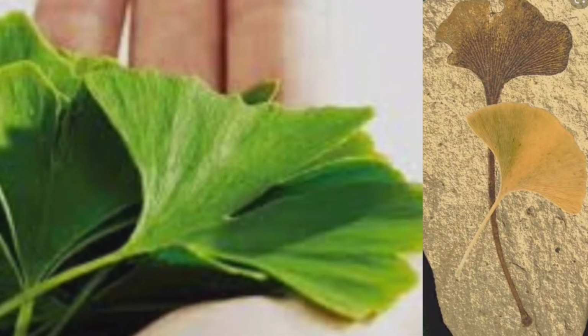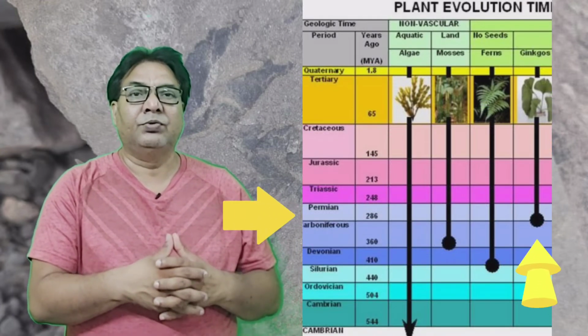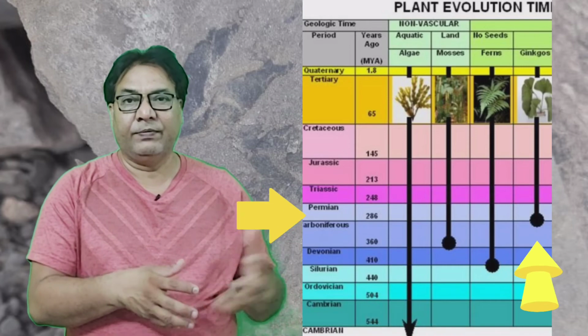So this is a monotypic genus, monotypic family. This plant is living since ages. It originated sometime during the Carboniferous or Permian, about 20 to 25 crore years ago, and since then it is still living. So this plant is the best example of a living fossil.